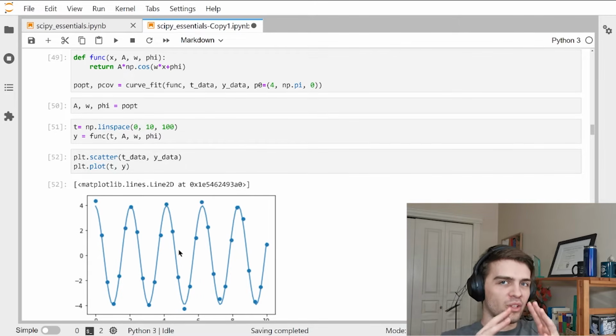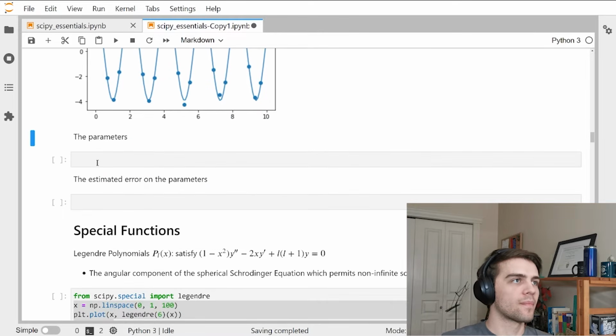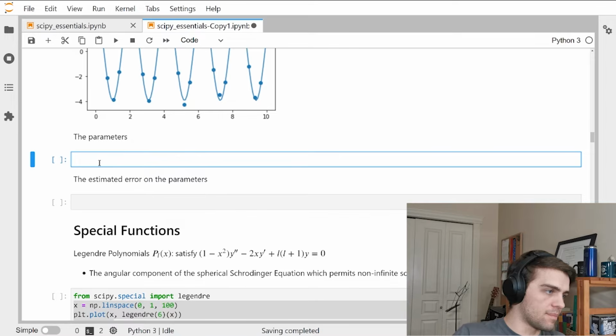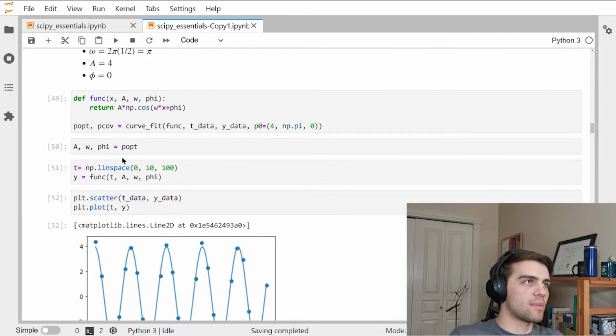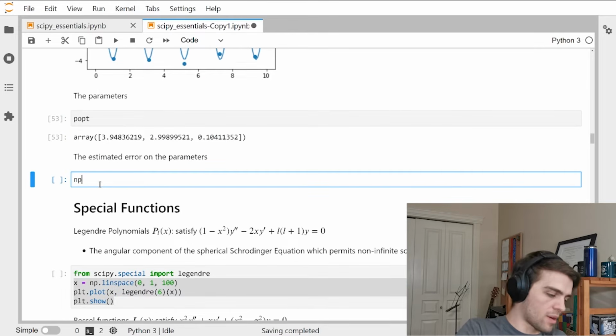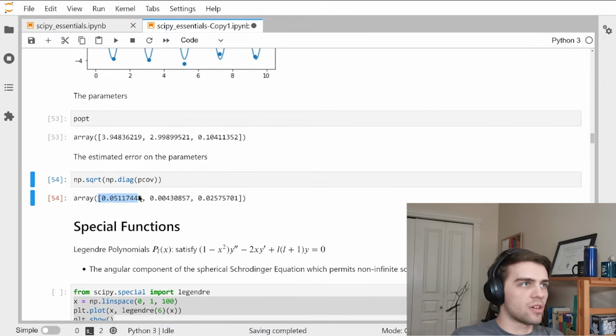You have to look at the data yourself, extract some information, and then do the curve fitting. And so, like I said, the parameters are popt. These are the A, omega, and phi, and the error on the parameters are the square root of the diagonal of pcov. And that gives me my errors on all my parameters.